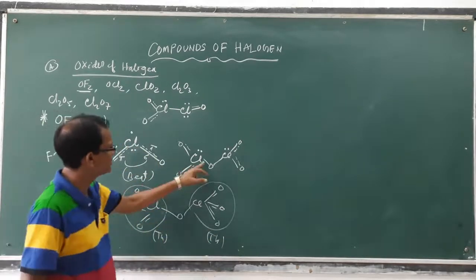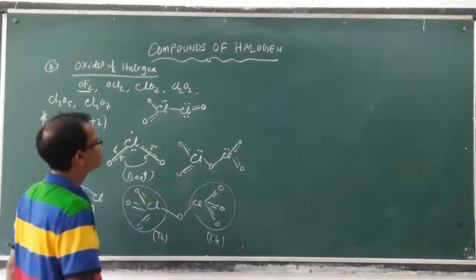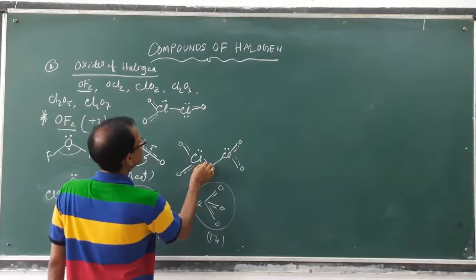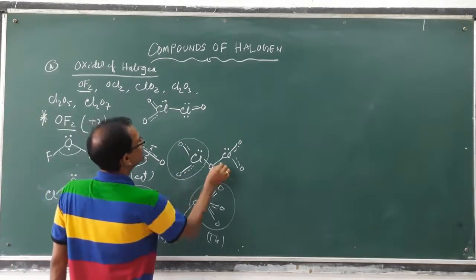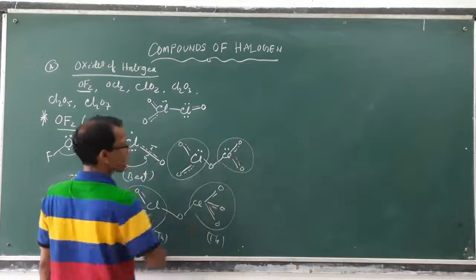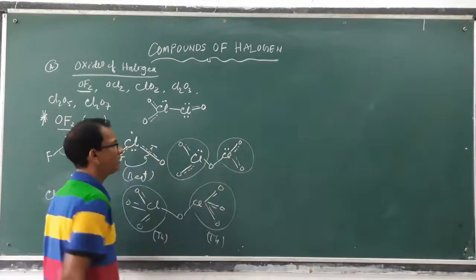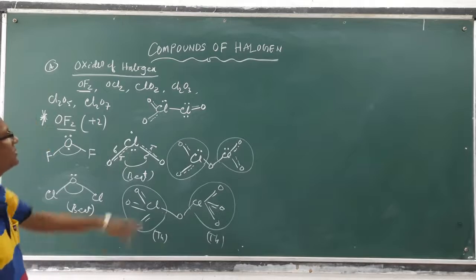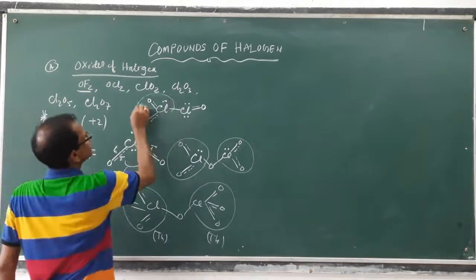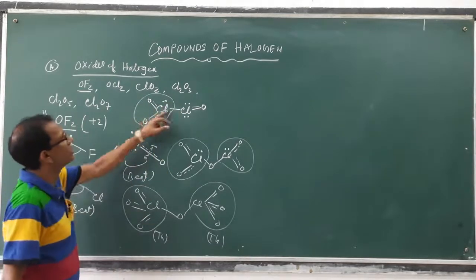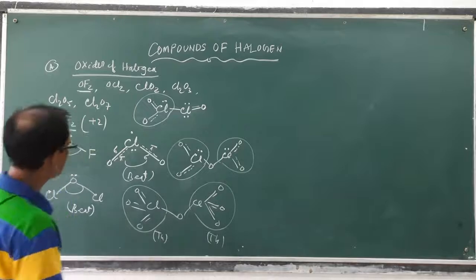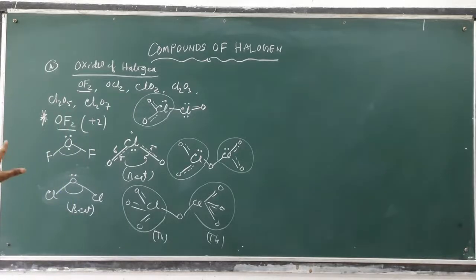But in Cl2O5, this structure is pyramidal, not tetrahedral: two pyramidal units joined, with 3 bonds and 1 lone pair. So these are some important structures of the oxides of halogens.